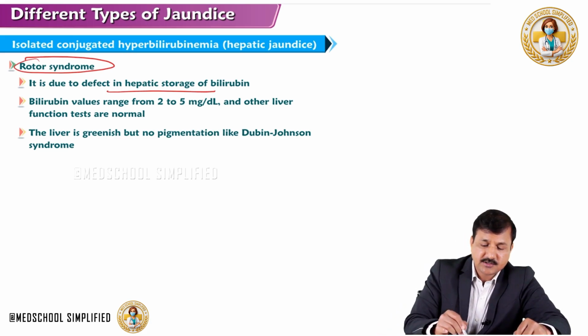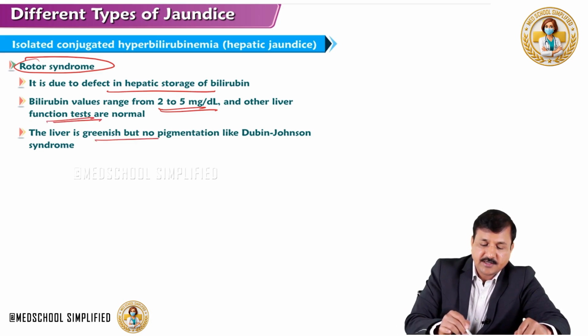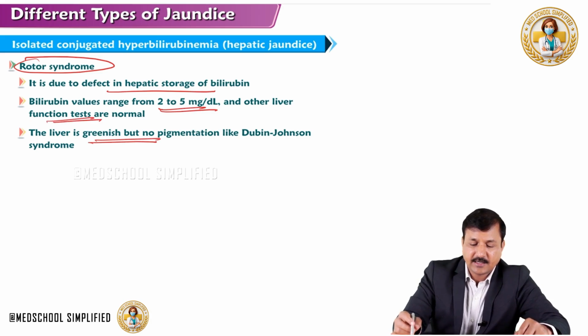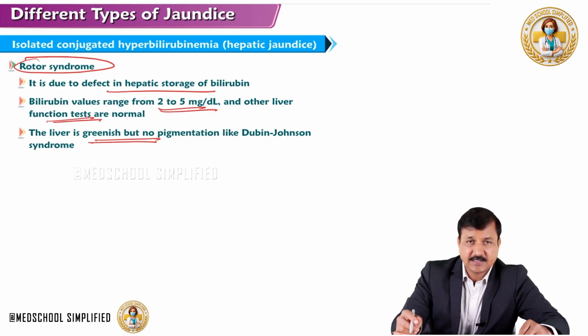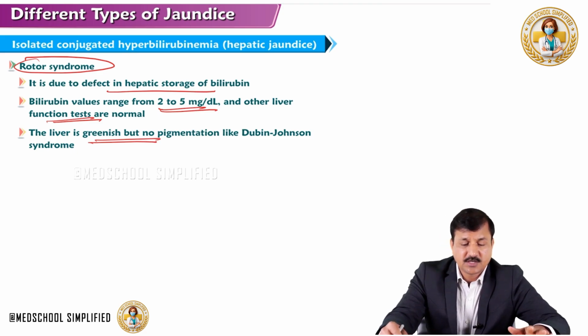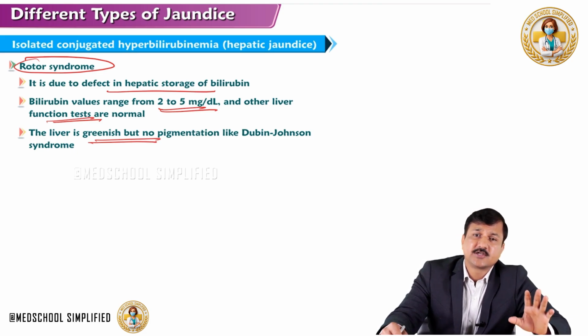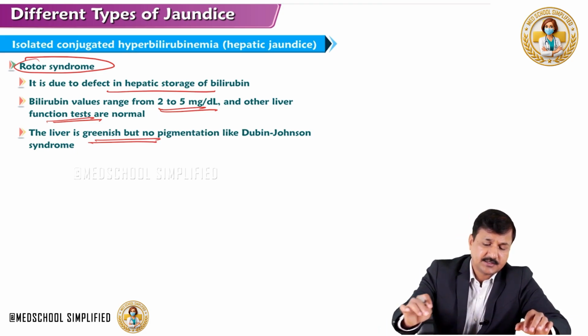So bilirubin values range from 2 to 5 milligram per deciliter, and other liver functions are normal here, and the liver is greenish but no pigment like Dubin-Johnson syndrome is seen here. So overall, Dubin-Johnson syndrome and Rotor syndrome are almost asymptomatic conjugated hyperbilirubinemia conditions.